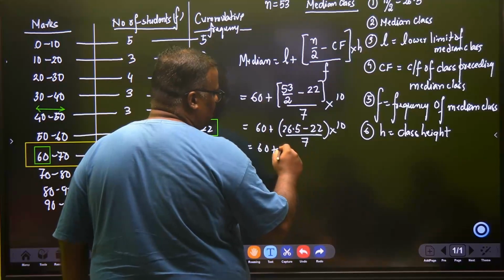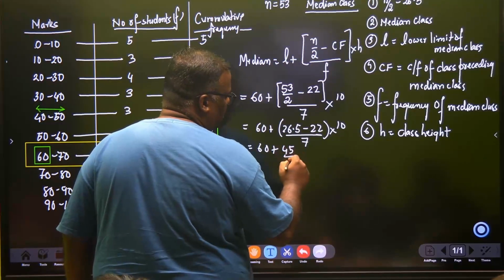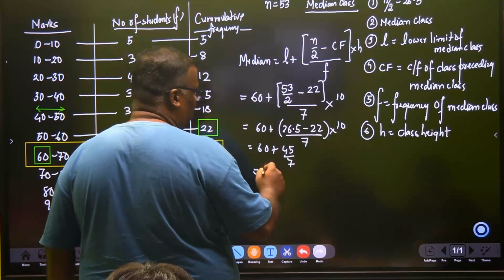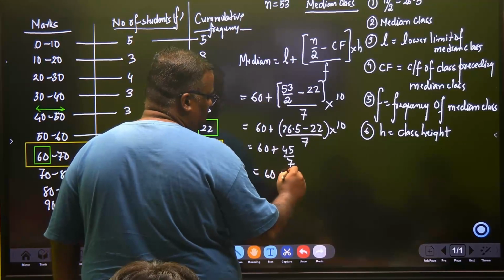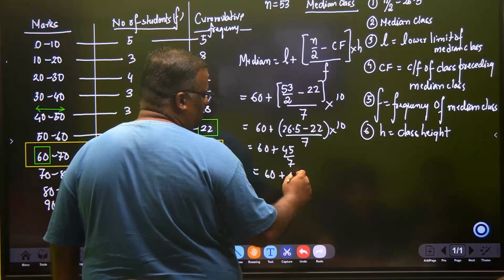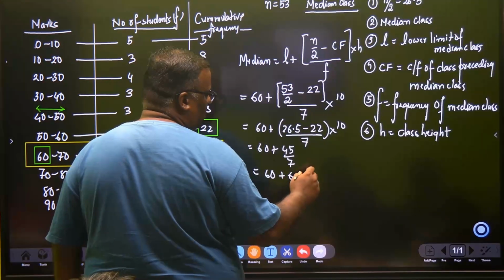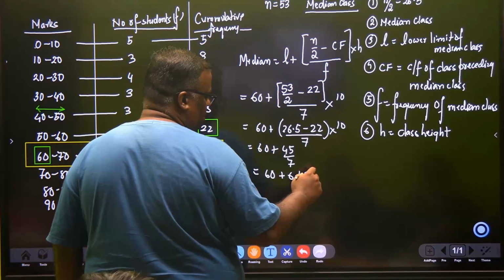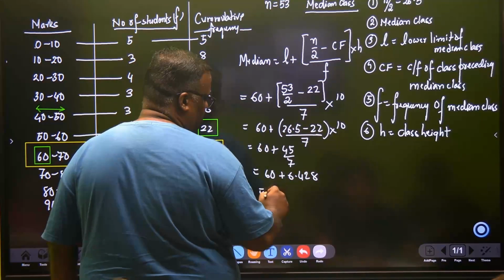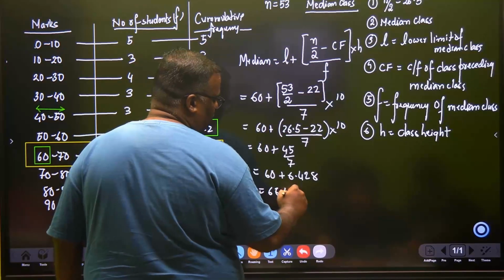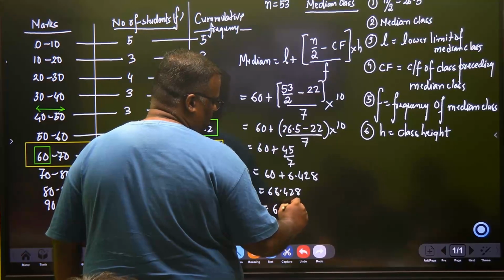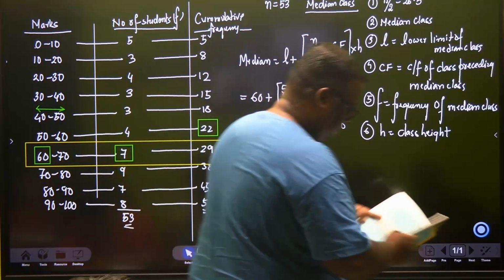So I can take that as 45 by 7, right? And to do it properly, this would be 60 plus: 6 7s are 42, then 3, 0 makes 30. 7 4s are 28, 2, 0 makes 20. 7 2s are 14, 1, 6 makes 16. 7 2s are 14. So this becomes 66.428, which can be approximated as 66.43.